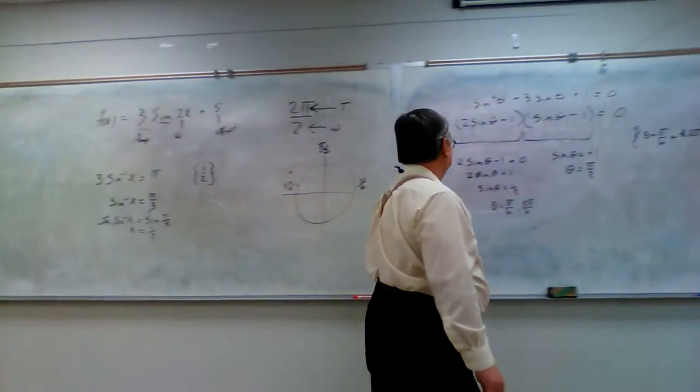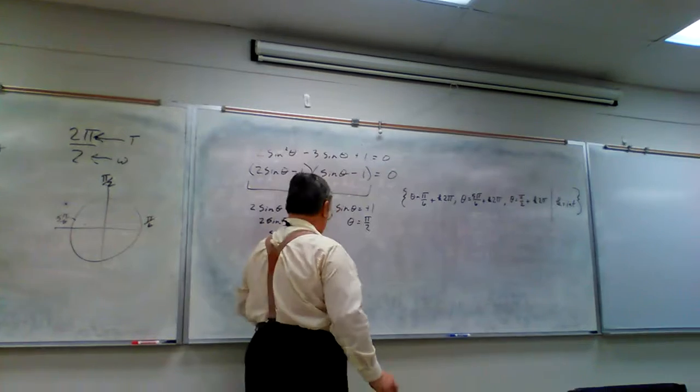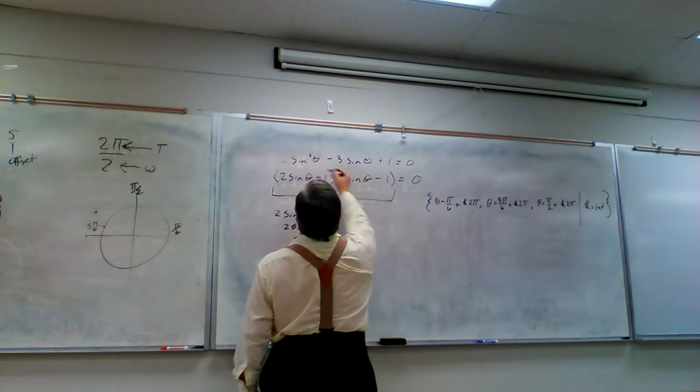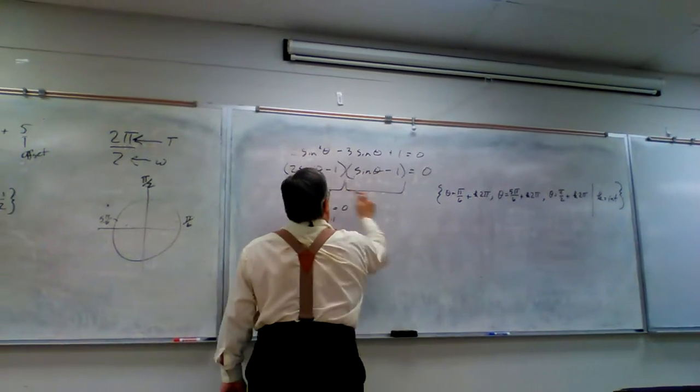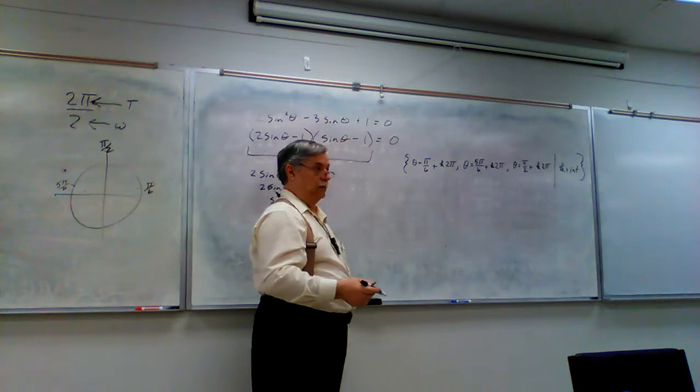Sine theta minus 1 on the second part? Right here? Yes, sir. I can come up with pi over 2. In order for this entire expression to equal 0, one of these two factors must equal 0. Both of them can.